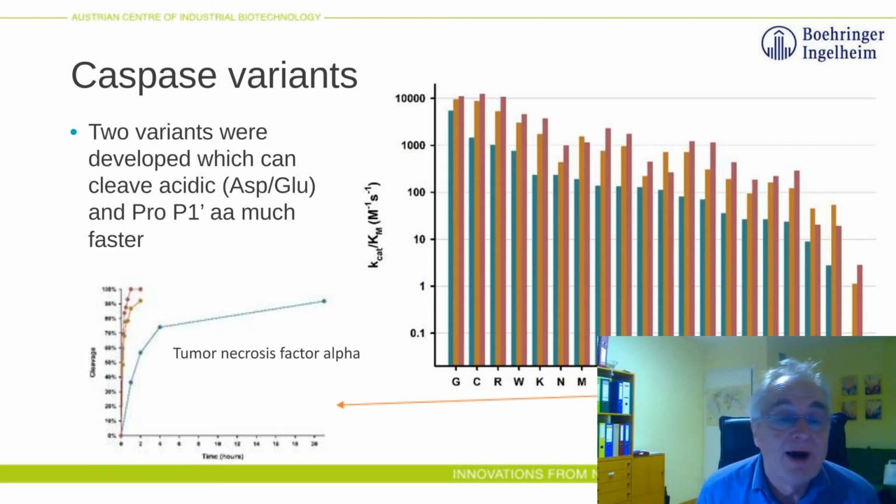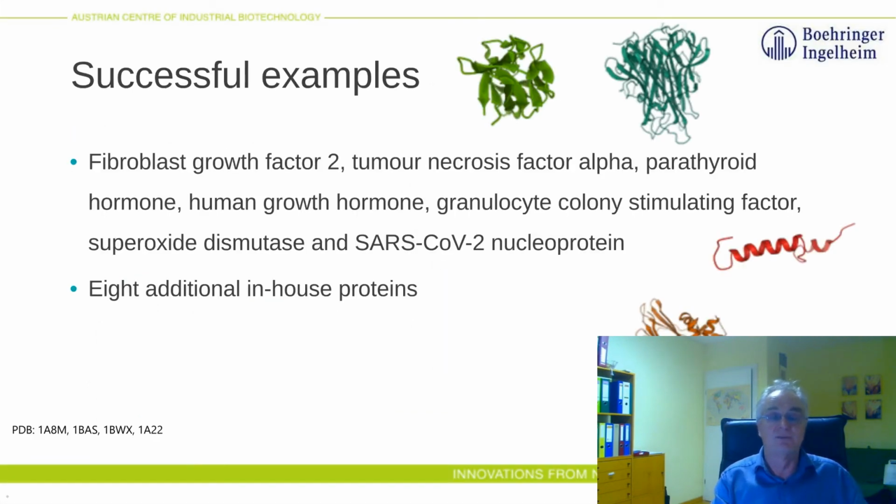The blue one is the original circularly permutated Caspase 2, and the others are the cleavage kinetics of the improved Caspase. So you see that we could substantially improve this, and everything below 1 hour is completely suited for industry.